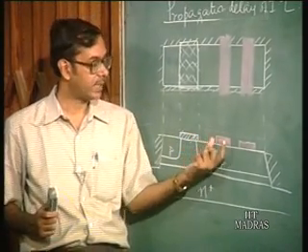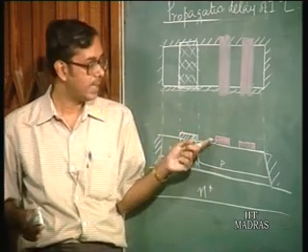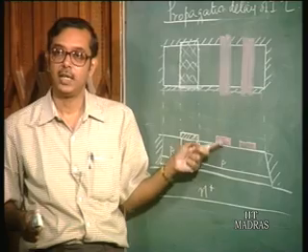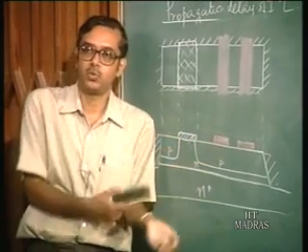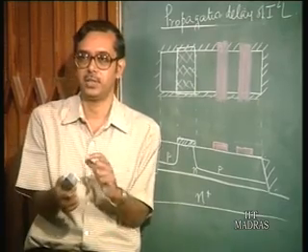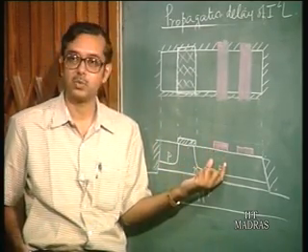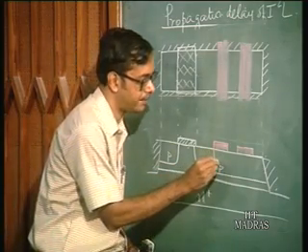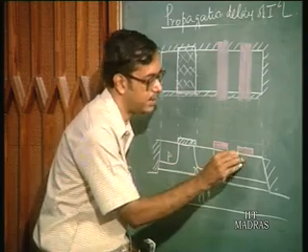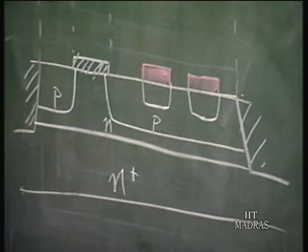Now, if you subject it to high temperature, this arsenic is going to diffuse into the silicon. Diffusion is a process by which impurities move from a region of higher concentration to a region of lower concentration. This is full of arsenic, so it is going to move into the silicon and create an N region here. It is going to be self aligned in the sense it is created just below the arsenic doped polysilicon regions.